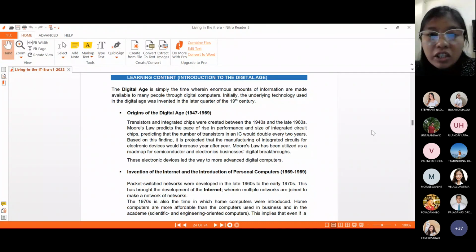So origins of the digital age, it started 1947 to 1969. Transistors and integrated chips were created between the 1940s and the late 1960s. Ayan, late na ng 1960s pa 1970s na noong nagkaroon tayo ng digital age.